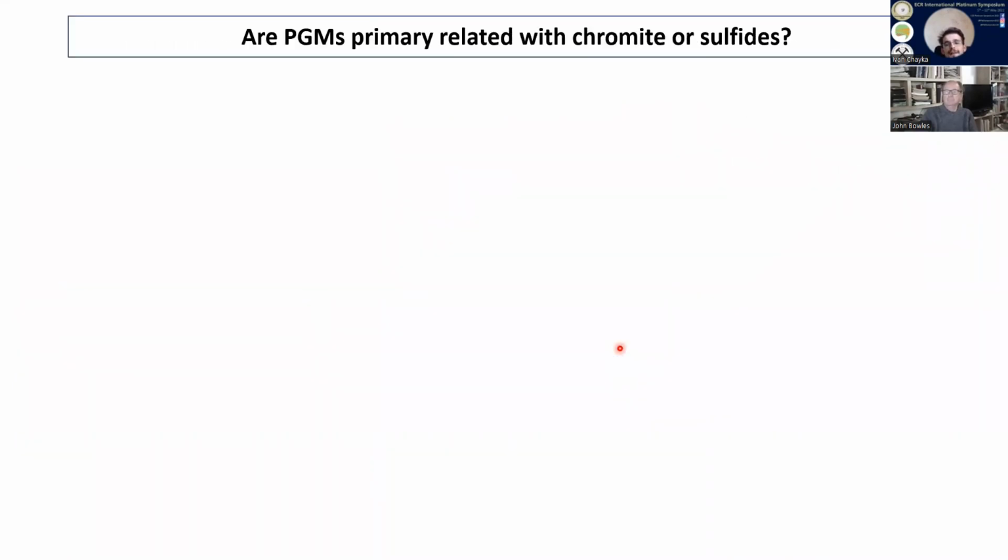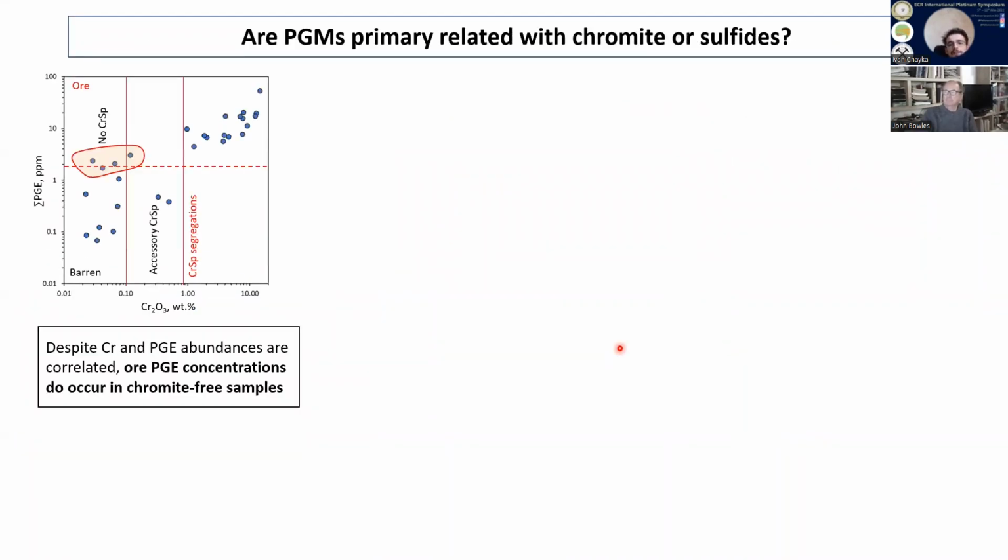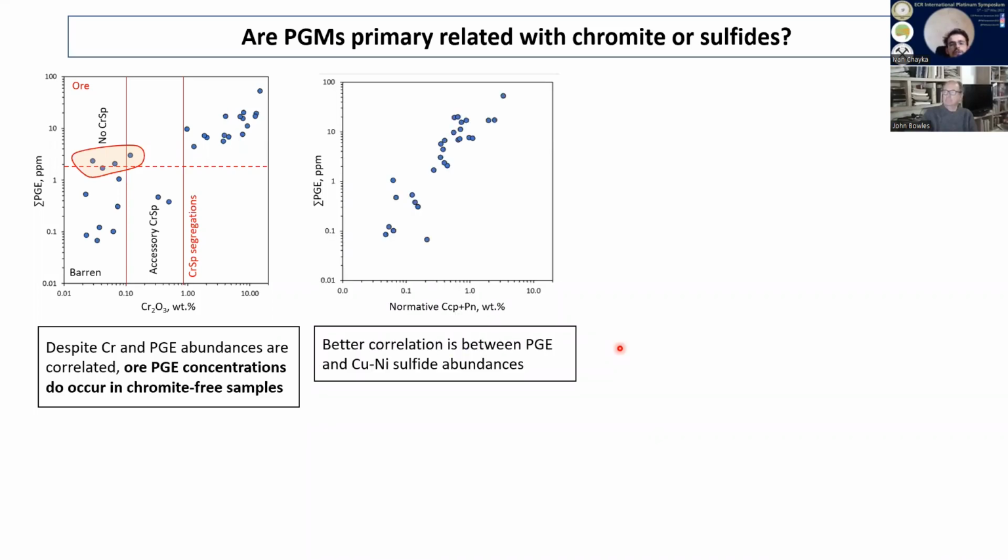Further, the question of primary concentration of PGE meets the following important evidence. First, although chromium and PGE concentrations are correlated, PGE abundances do occur in chromite-free samples as well. Moreover, PGE content is better correlated with abundances of copper and nickel sulfides than with chromium.